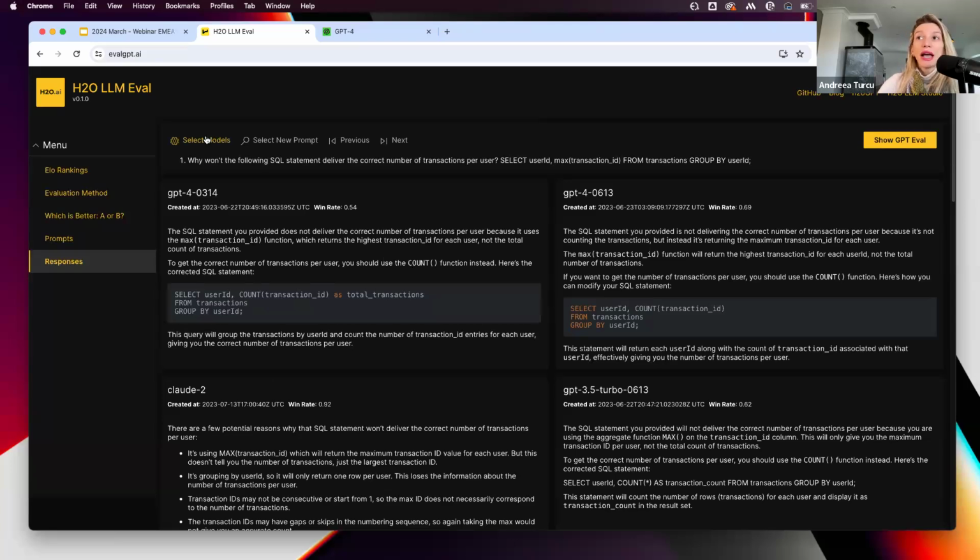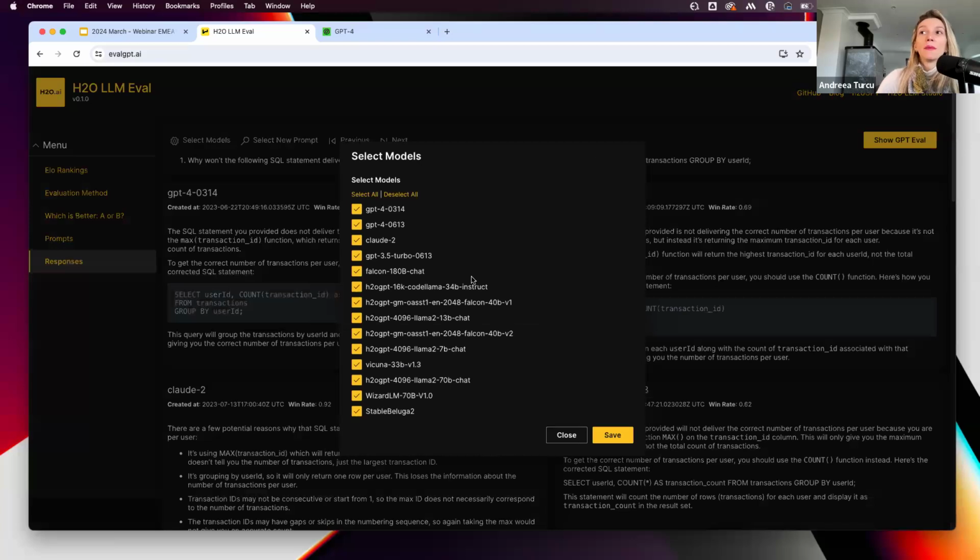Okay. What I can do on this page is to click on select models. So here you see all the 13 models. I hope there are 13, if I recall correctly, for 6, 8, 10, 12, 14. There are 14. Yeah, so 14 or 13 models here, and you can input your own in the next versions that we will be having.